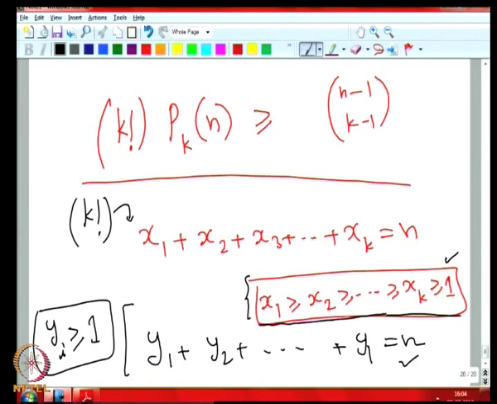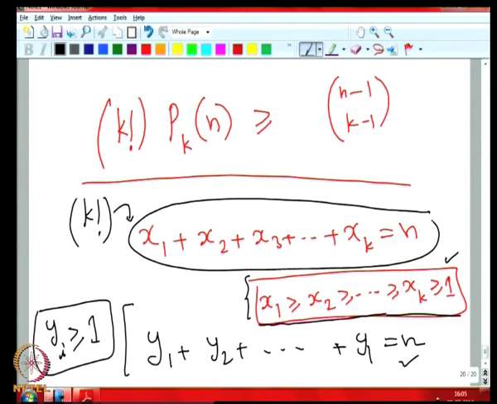If a certain value is repeating k1 times, then k1 factorial will come in the denominator. We have seen it several times. But the maximum possible is when they are all distinct, and that is k factorial. So, from a solution for the first equation satisfying this condition, we can get at most k factorial possibilities for the second one.